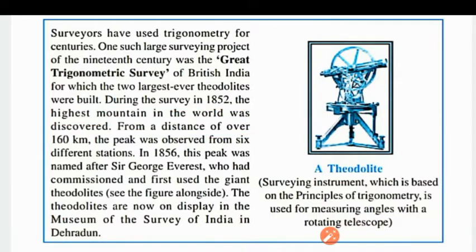From a distance of over 160 kilometers the peak was observed from 6 different stations, and with the help of the angles found at these 6 different stations the highest peak came to be known, and it was named after Sir George Everest.